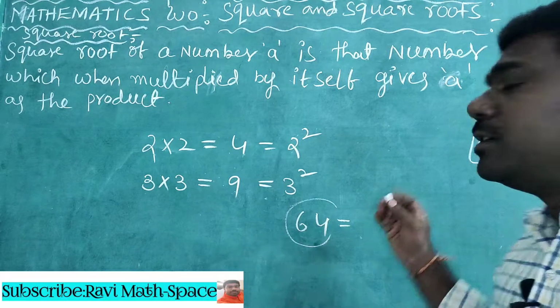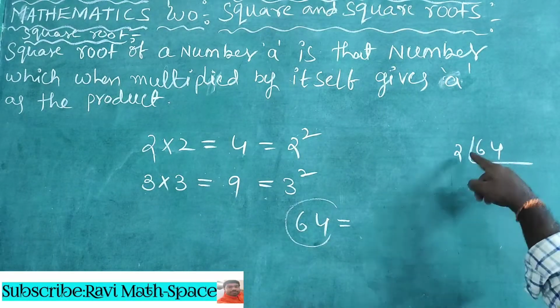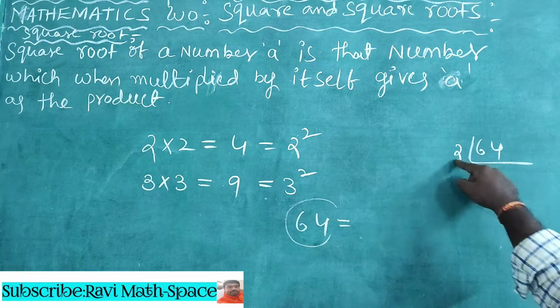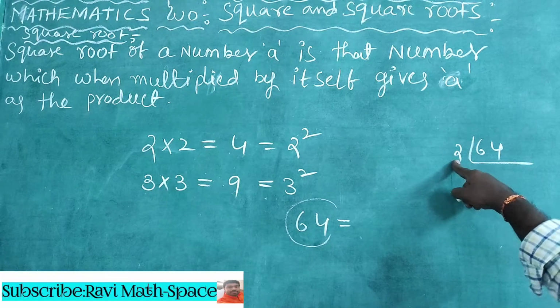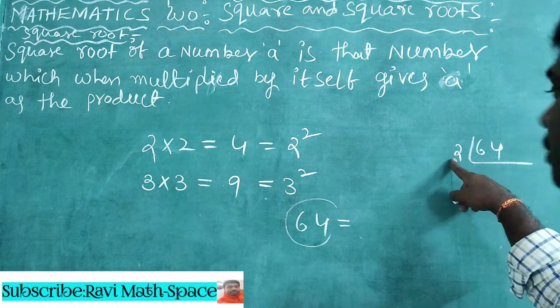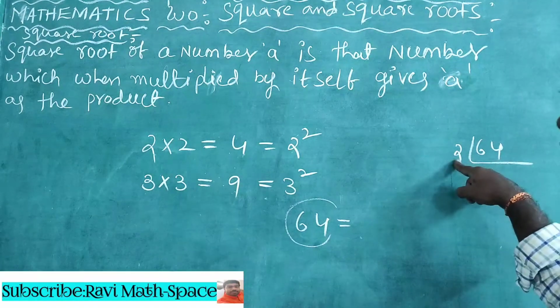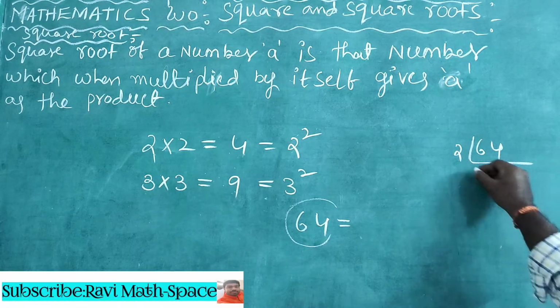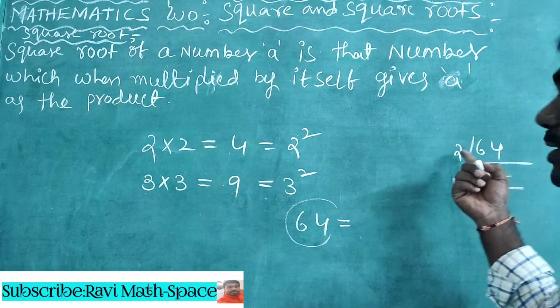So you should take the smallest prime number, that is 2. 64 is divisible by 2. 2 sixes are 12, 2 threes are 6, 2 twos are 4. So again 32 is divisible by the same prime number.